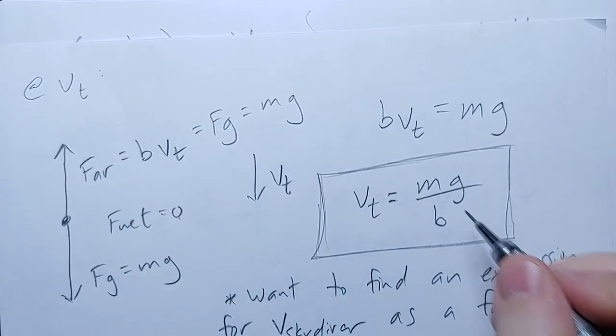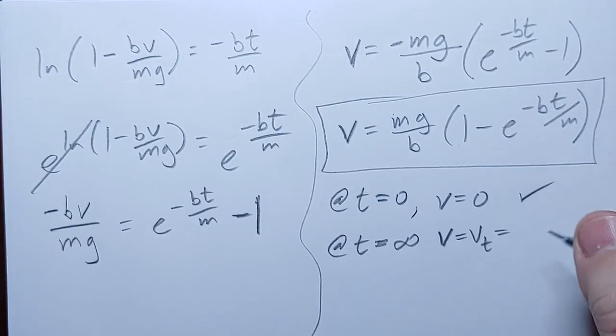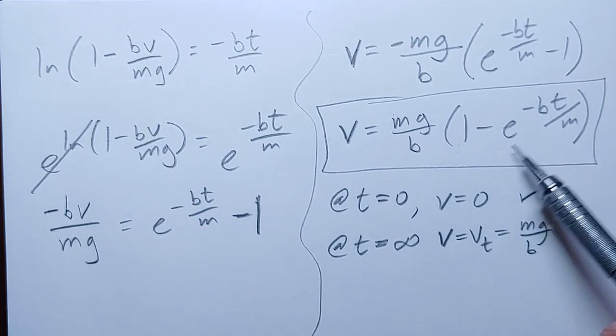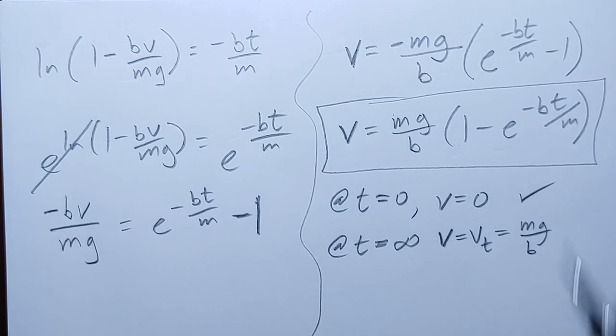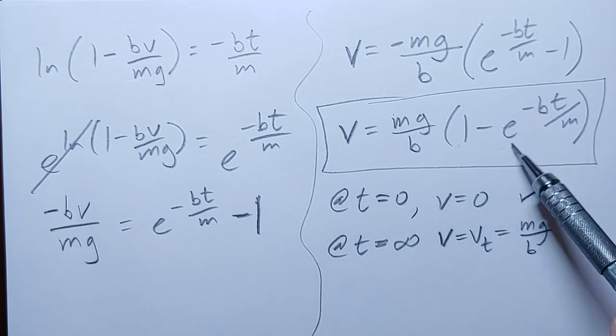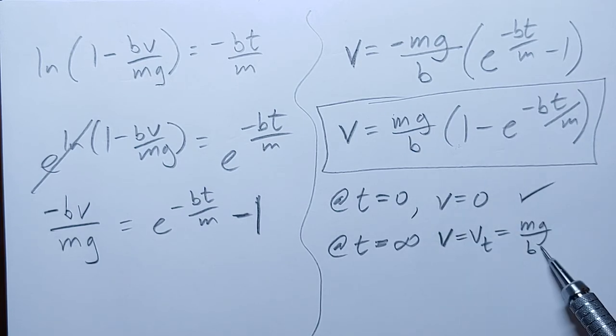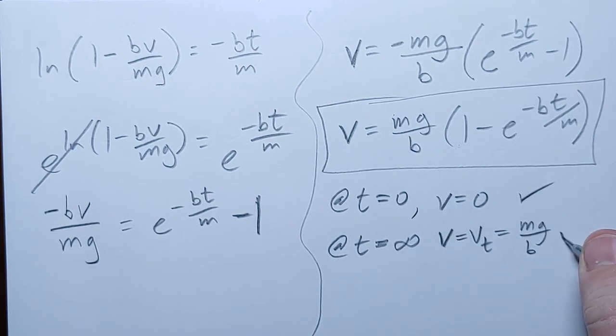So we know that the terminal speed should be mg over b. Let's see if that works. So if we plug infinity in here, we get e to the negative infinity. So that's 1 over e to the infinity, which is going to be 1 over infinity, which is 0. So 1 minus 0 is 1. 1 times mg over b is mg over b, and so that checks out.